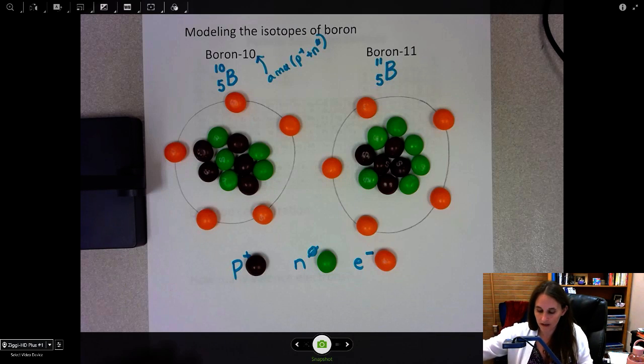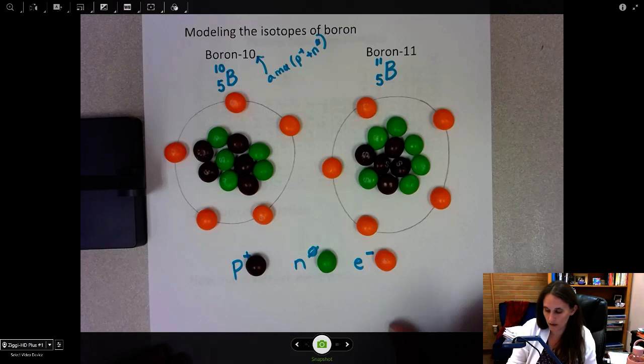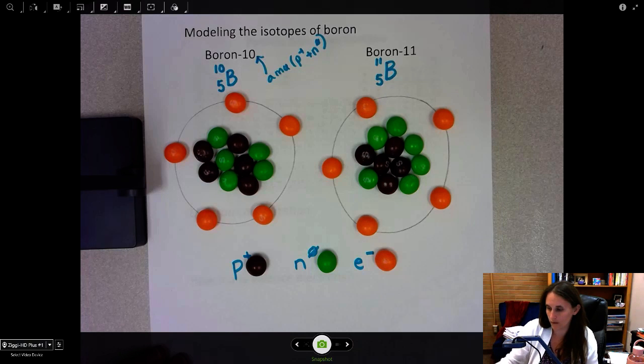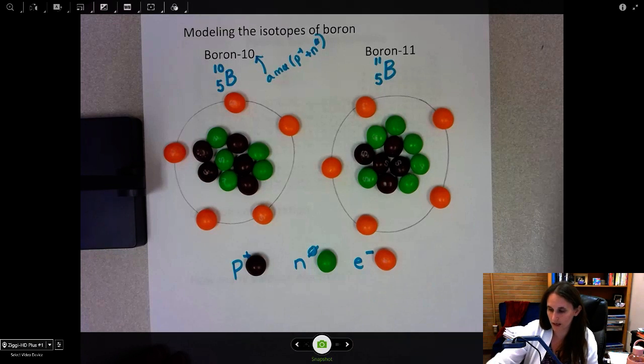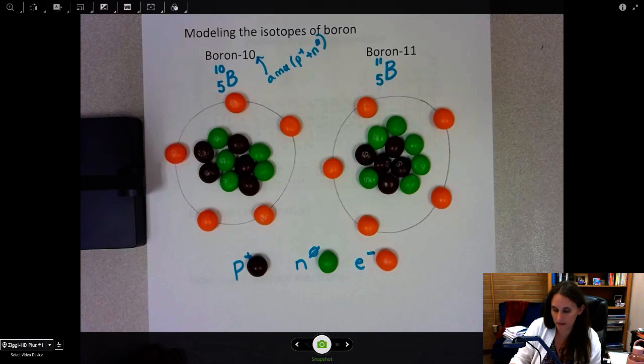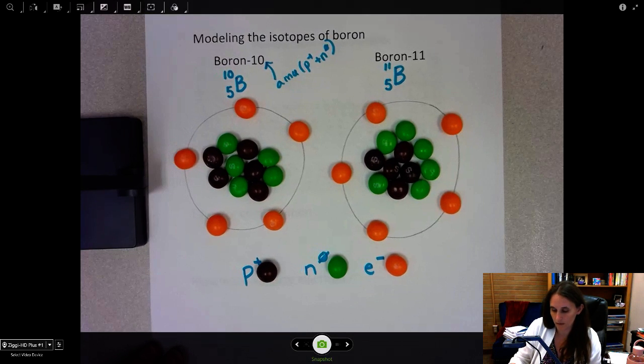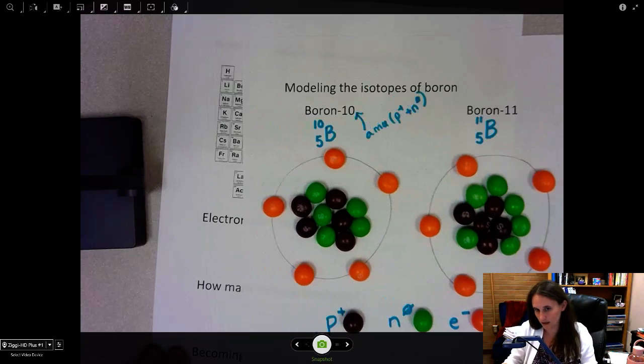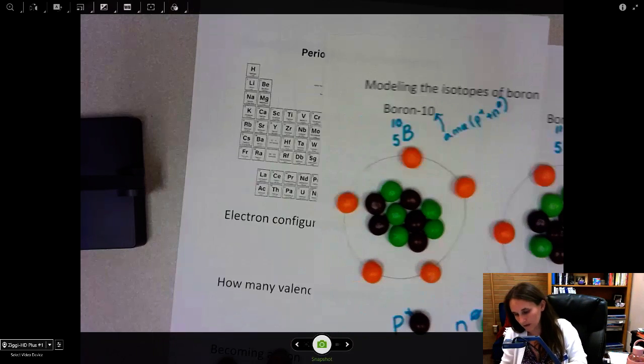So where are the electrons really? Where would we really locate them? We can't really model that with Skittles because it would get all complicated trying to show areas of probability where the Skittle might be found. So I'm going to move this really carefully because we might want to come back to it.